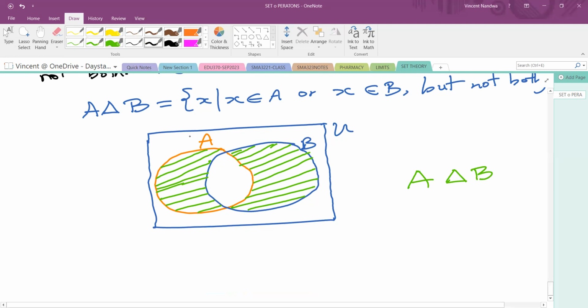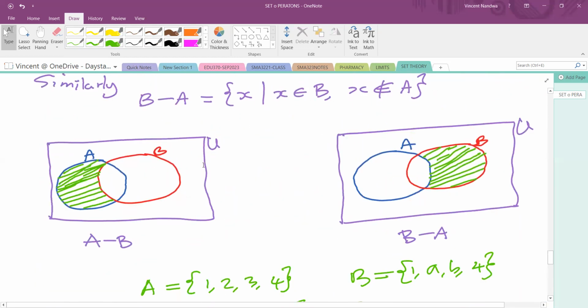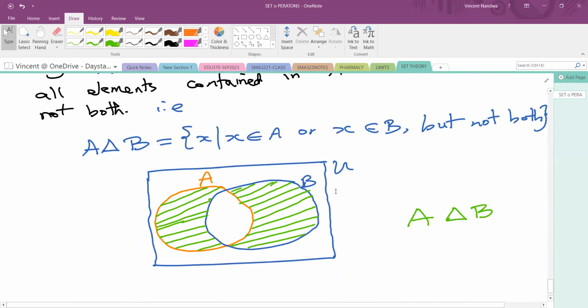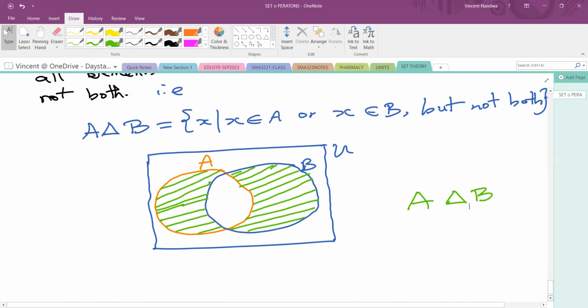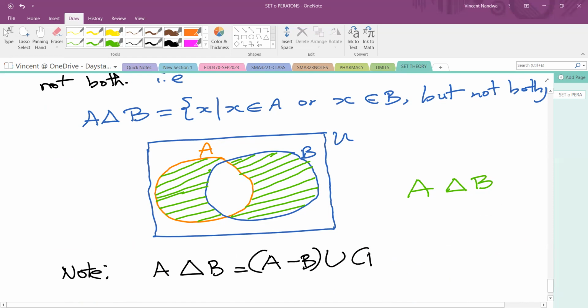And if you remember what you have done in the set difference, you clearly see that if you take A minus B, you join to B minus A, then you'll have this symmetric difference of A and B. So note that the symmetric difference of A and B is the same as A minus B union B minus A.